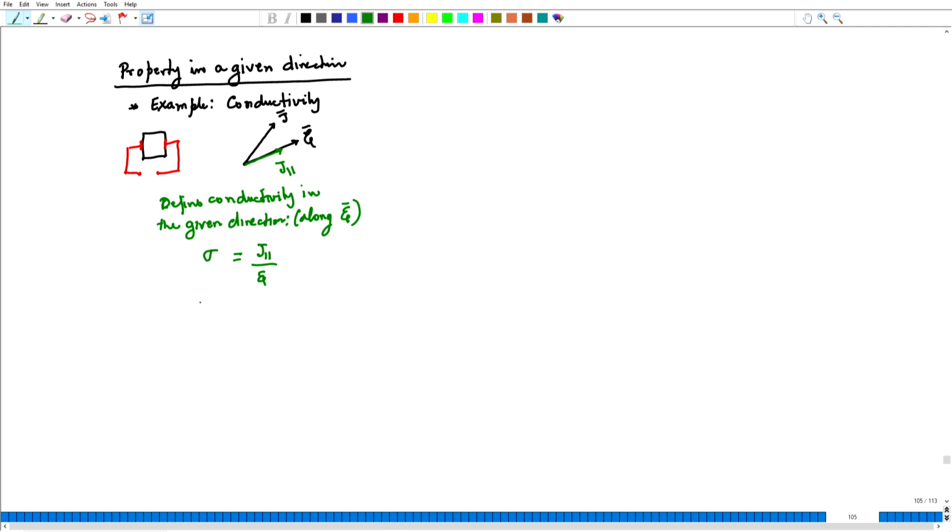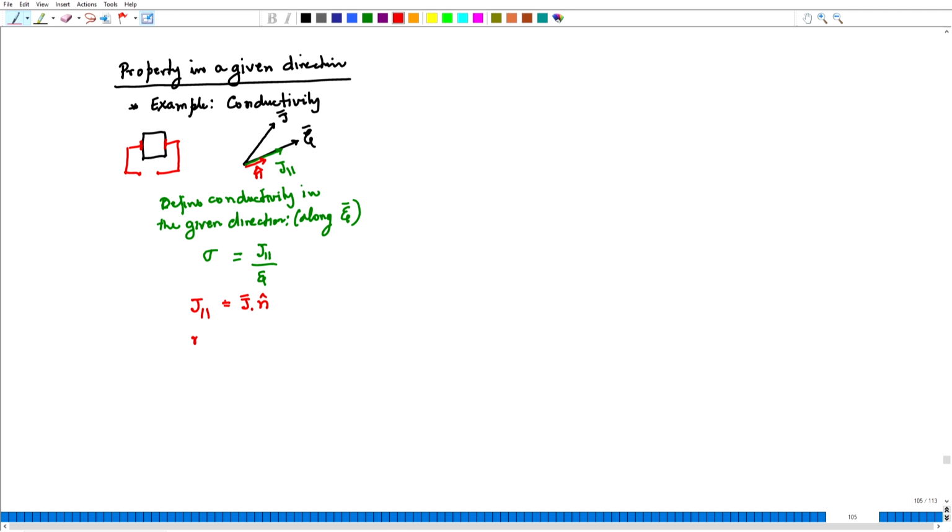Now, for this J parallel, let me define a unit vector n along the direction of the electric field. Then the parallel component of the flux is simply the dot product of the flux vector J with the unit vector n.